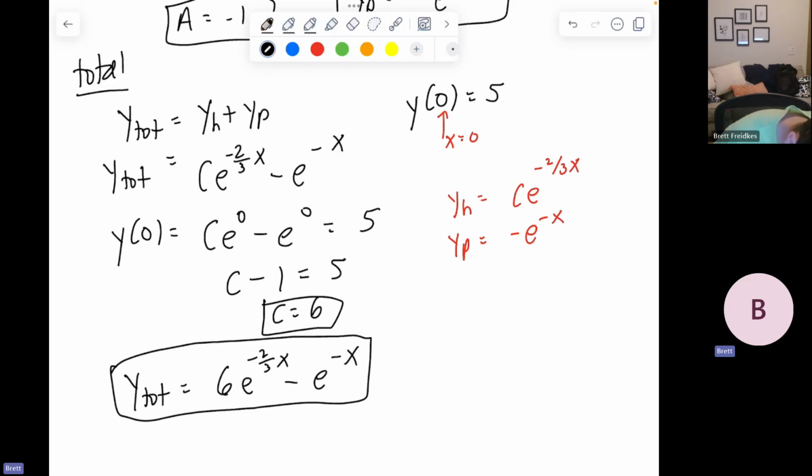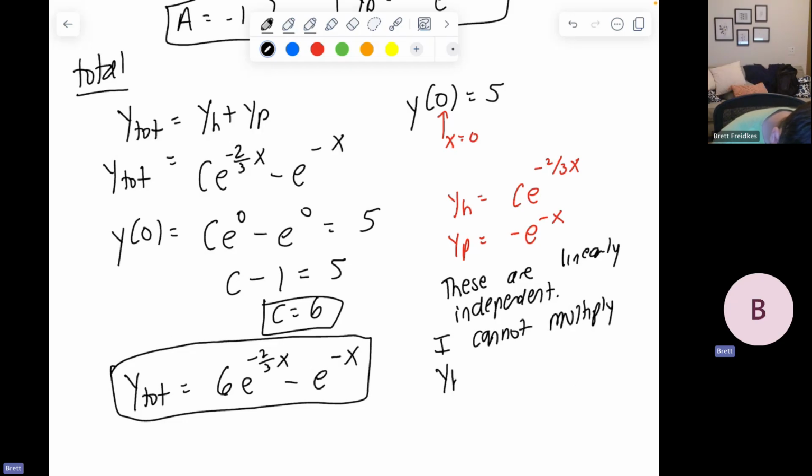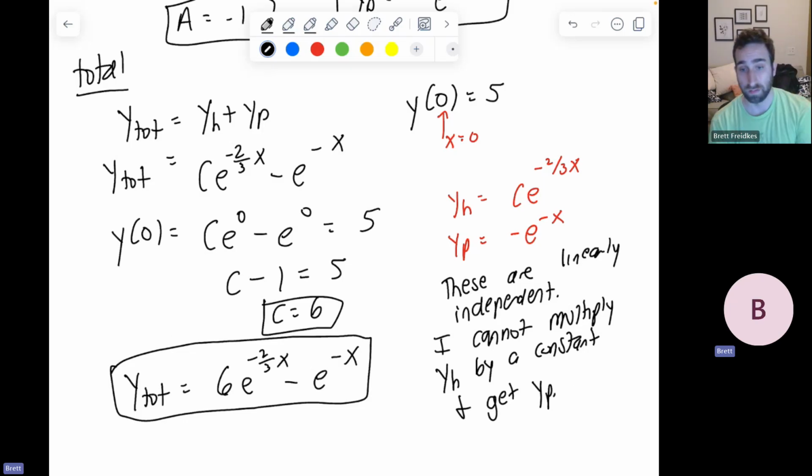If you look, these are linearly independent, meaning I cannot multiply, let's say, YH by a constant and get YP.